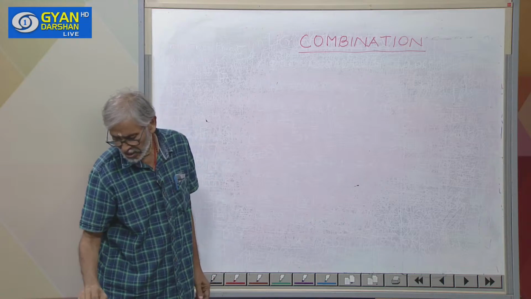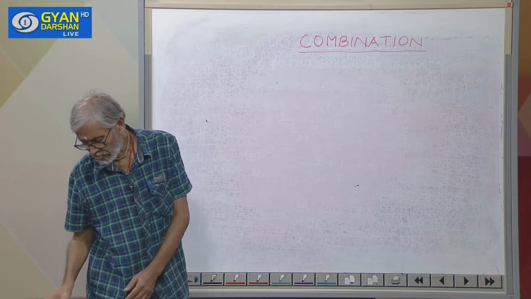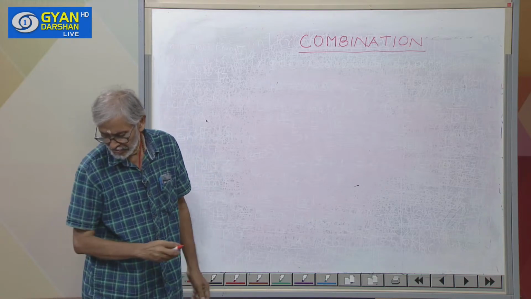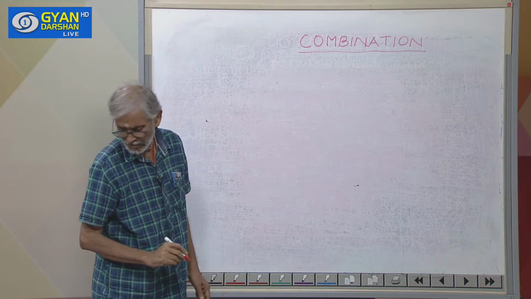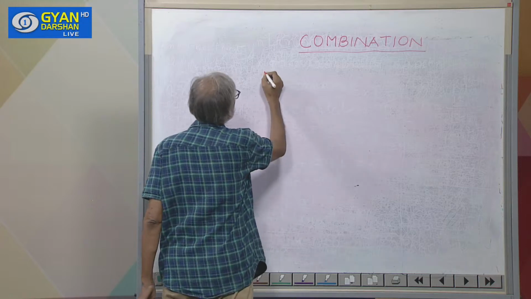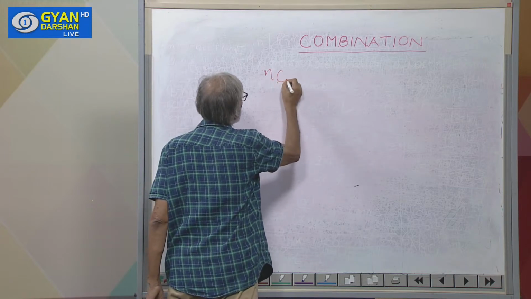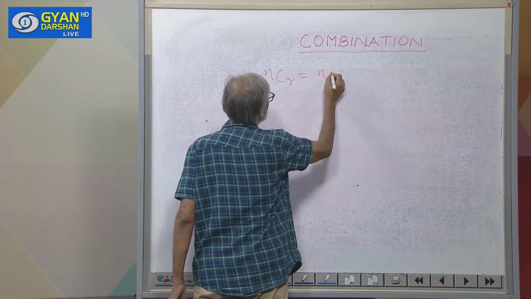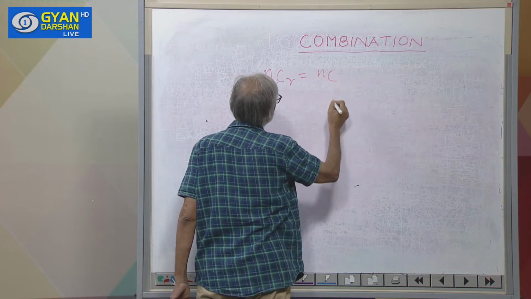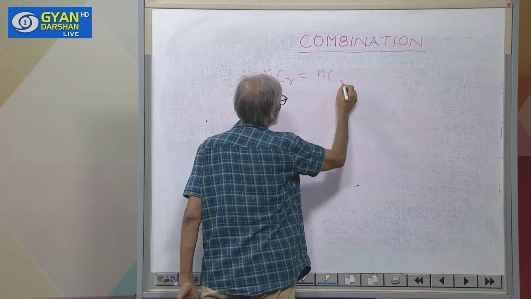Let us take a few examples to be proved. So, that is nCr is equal to nC(n minus r).